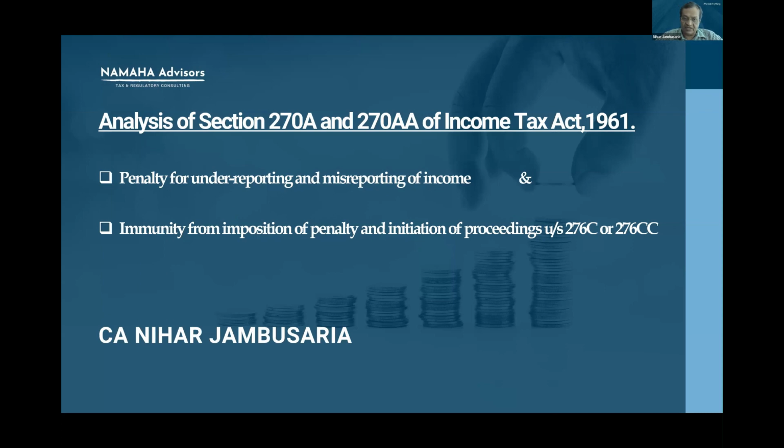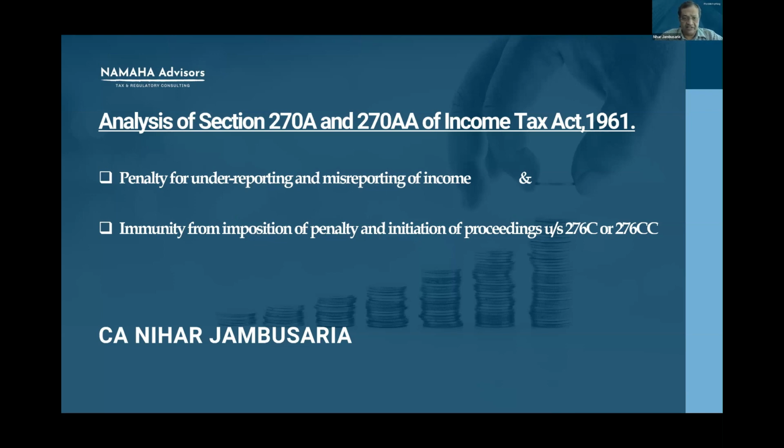And if penalty was not initiated during the assessment proceedings and it was separately initiated, the courts had struck down levy of penalty on the ground that it was not initiated during the course of assessment. When Section 270A was introduced, in fact, this drawback was sought to be done away with.